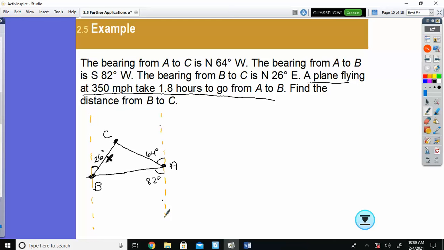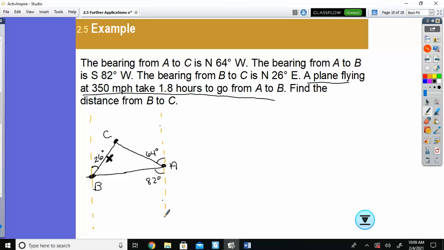I need to know how far it is from A to B. What would I do? If you drive at 50 miles per hour and it takes you 2 hours to go somewhere, how many miles was it?